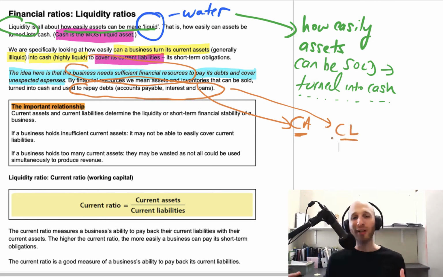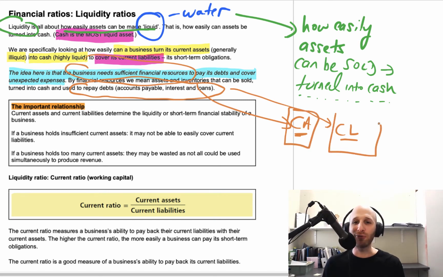So while it all might sound a bit confusing, what we are saying is: does the business have sufficient assets to cover its liabilities? And for these both being current, we are talking very much about the short term.